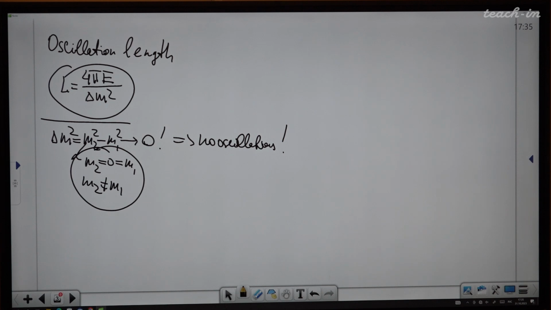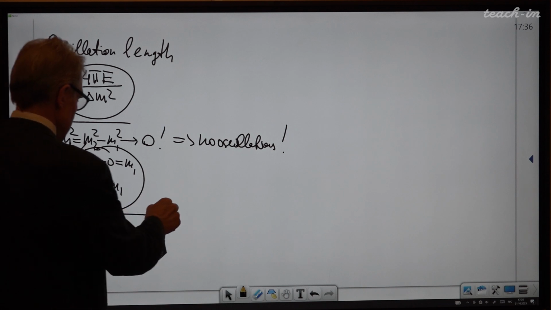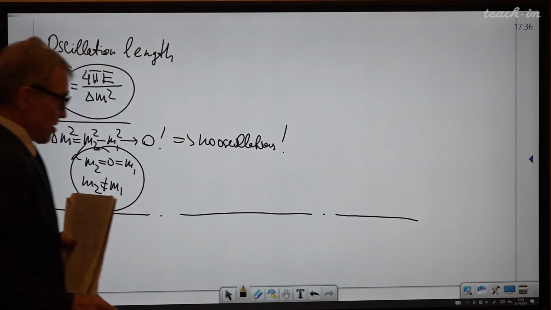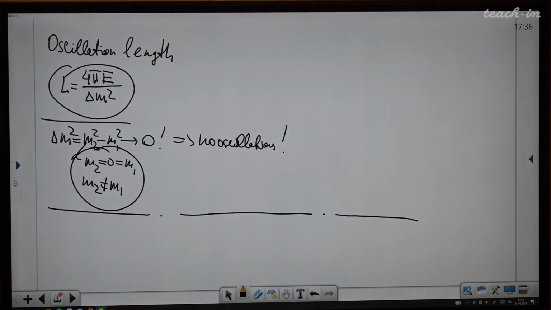One provides the solution for the solar neutrino problem, and another one provides the solution for the atmospheric neutrino problem. So this is more or less what we discussed in our previous lecture, and I would like to go further and discuss a more general case.